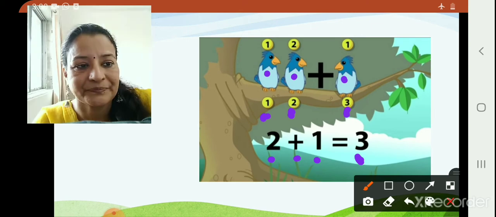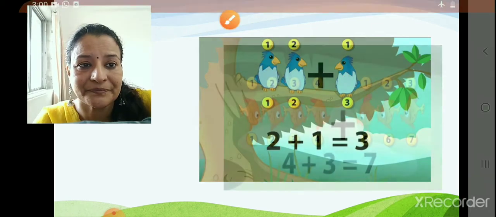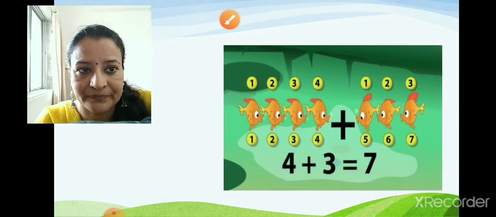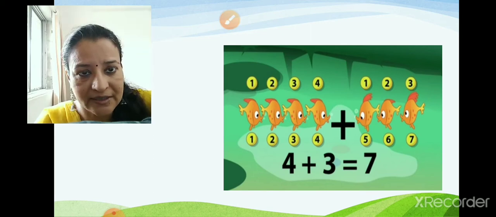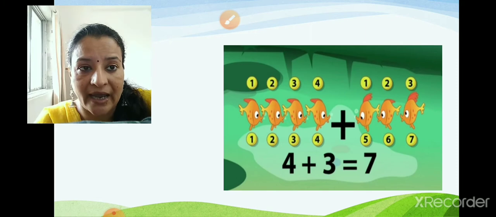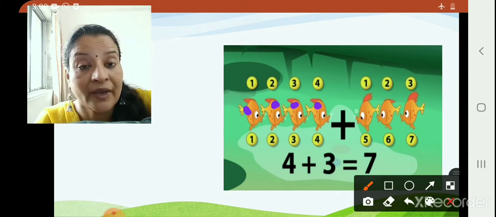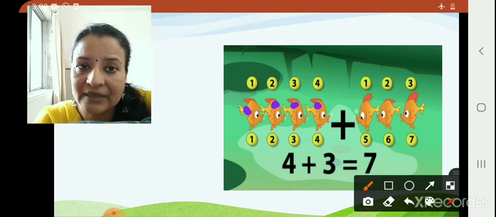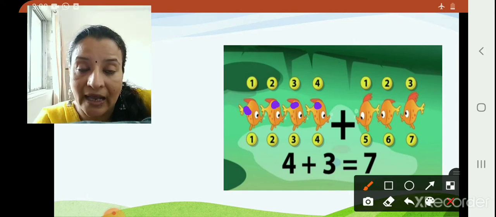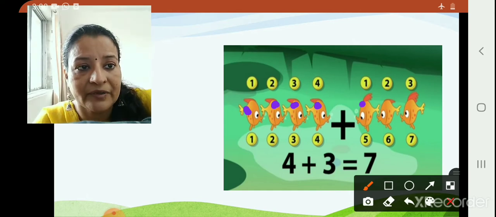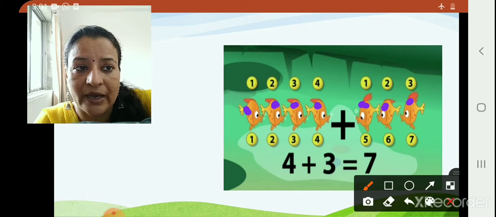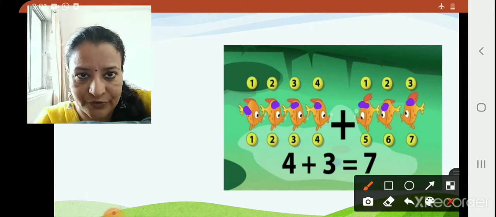Okay. One more example. Fish here. Now there are two sets of fish here, isn't it? In one set we have how many fish? 1, 2, 3 and 4. And then you can see a plus sign. And in another set we have 1, 2 and 3 fish.